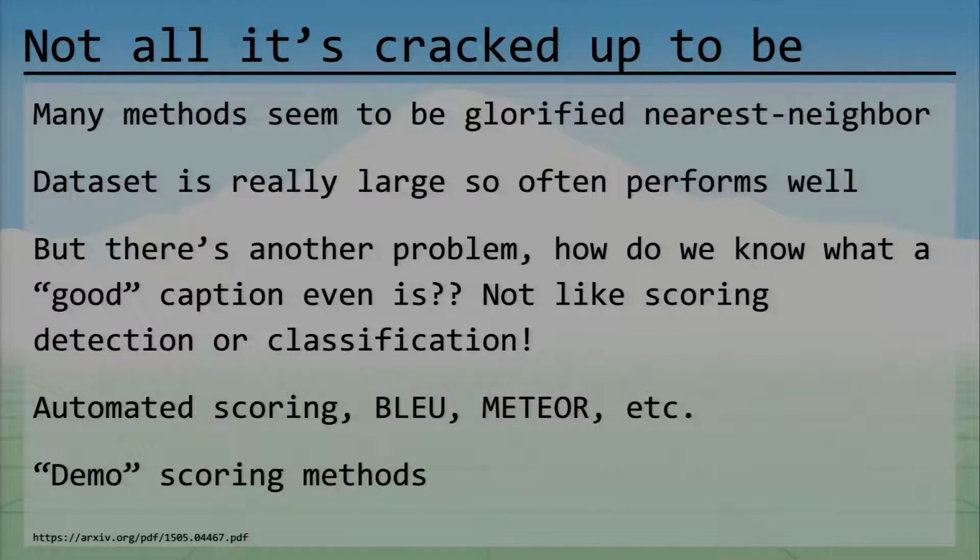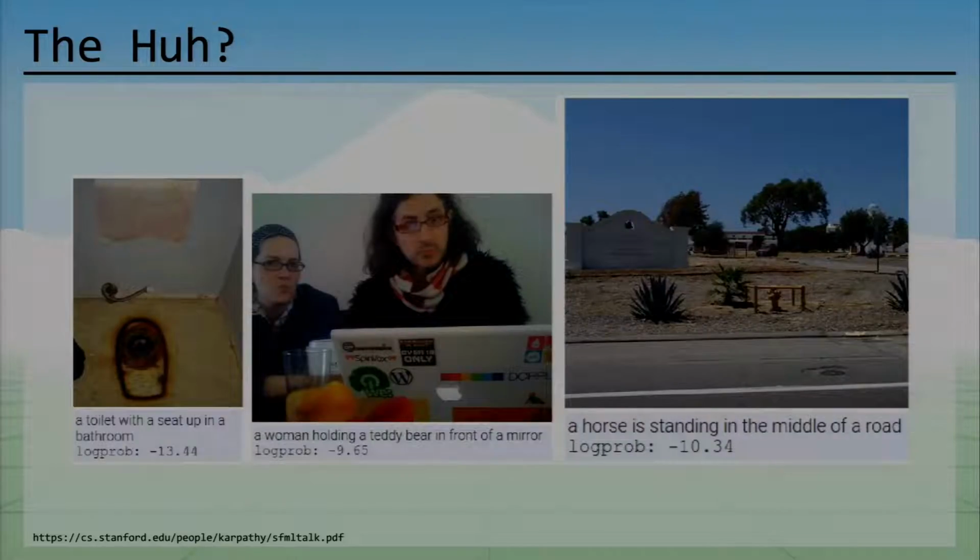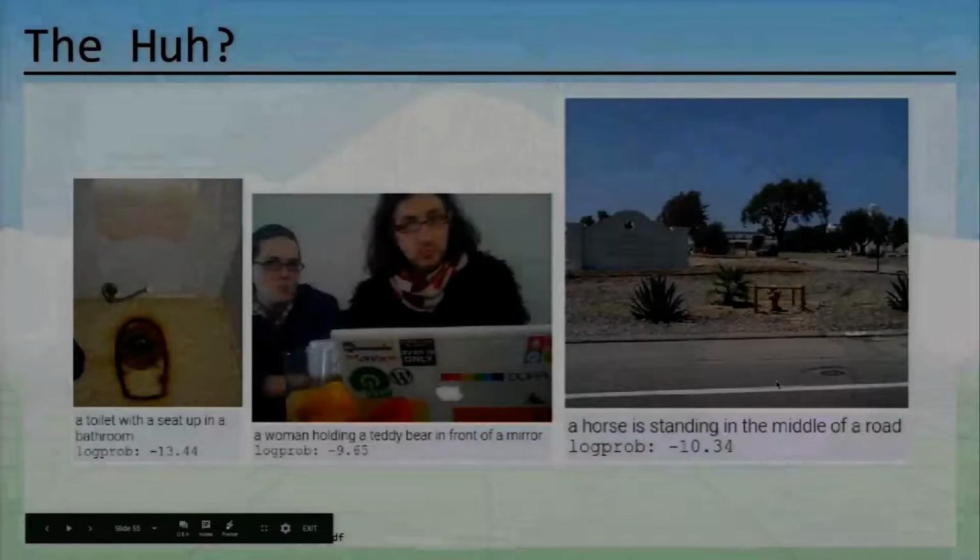And one really hard thing about image captioning is how do we score it? In general, it's really hard to get computers to come up with captions for an image. So how do we figure out how good a caption is when we've generated it for an image? Now, the most obvious way is to have a human read that caption, and the human can pretty easily tell these are bad captions for these images.